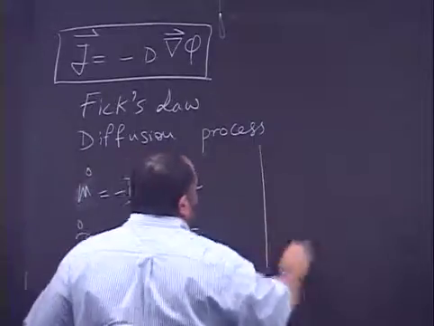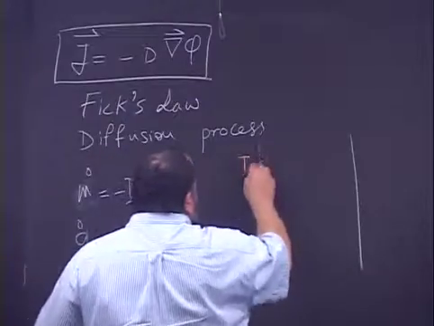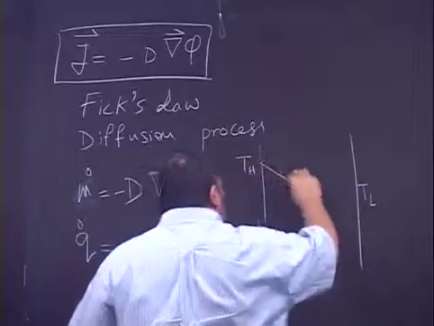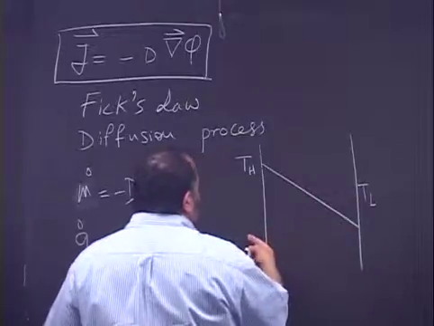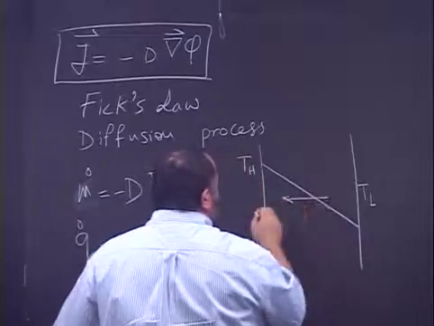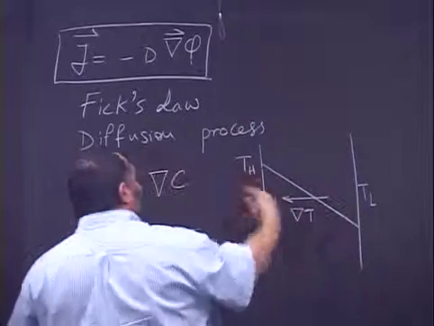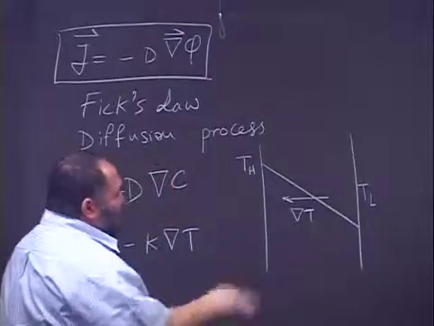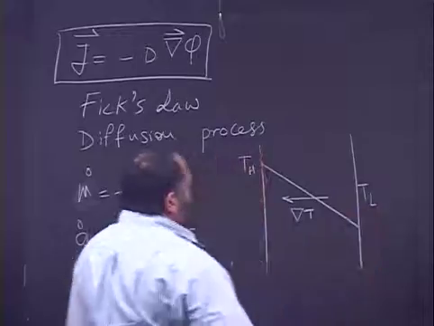So whenever you have a change or a gradient, so if you have T high here and T low here, the change is going from the higher to the lower, but the gradient is going from the lower to the higher. So the gradient will be in this direction. So grad T is from the lower temperature to the higher temperature, but the heat will be transferred from the hotter surface to the cooler surface.